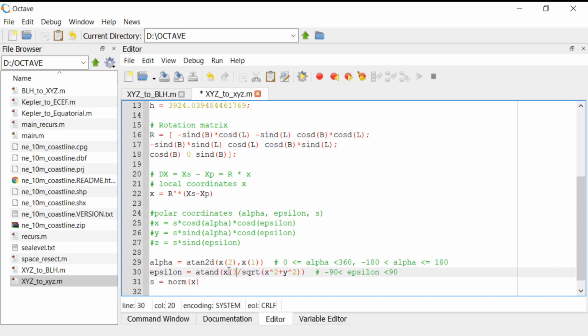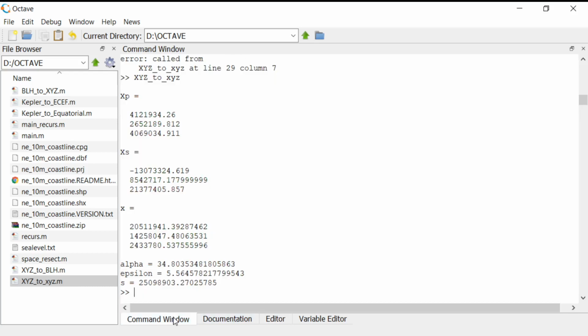Instead of that, I write x3, and this is x1 and x2. So now let's run, and you see here alpha is 34 degrees and epsilon is 5.5 degrees, and the distance is 25 million meters. So this is the distance between my standing point P and the satellite.